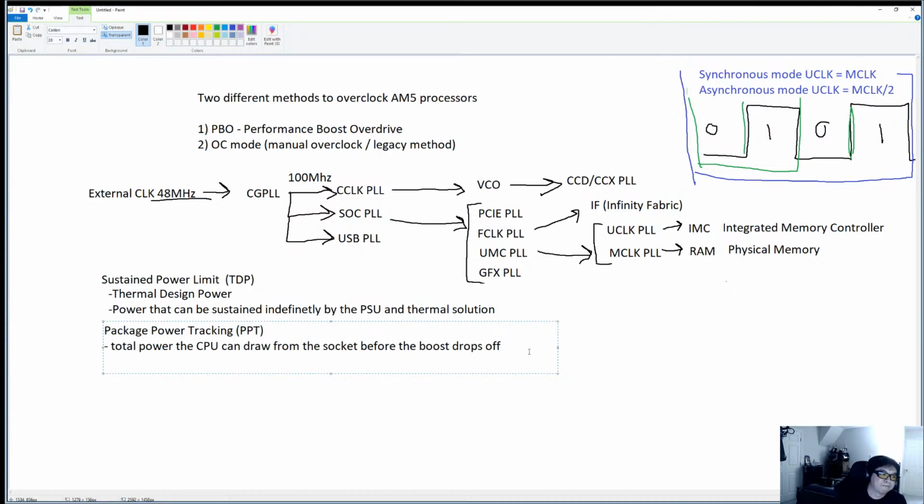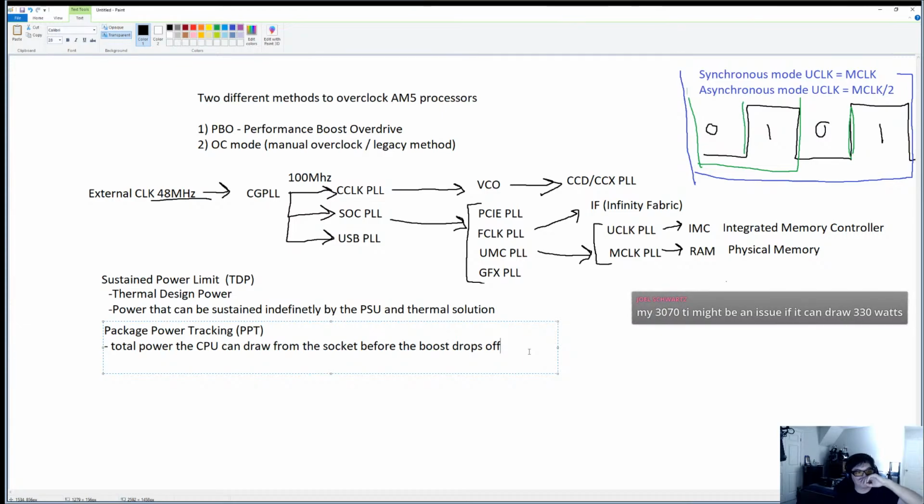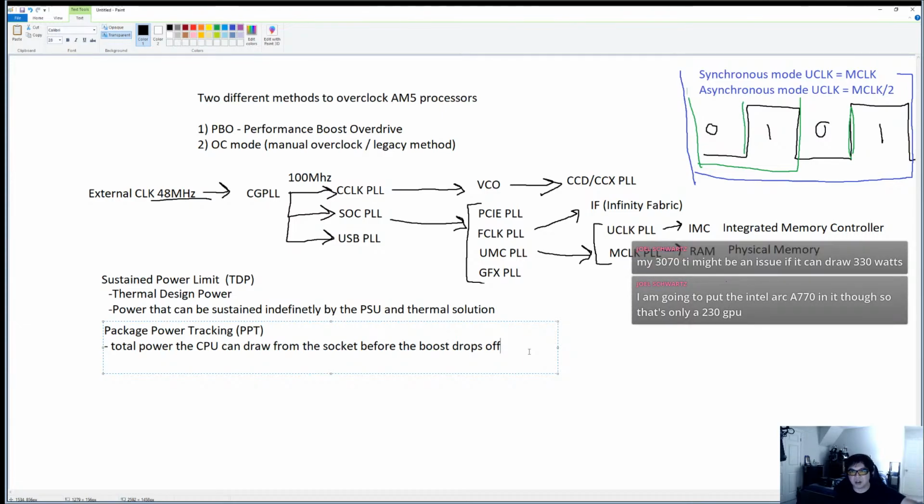PPT is not a clock speed, it's a power amount, so it's going to be in watts or milliwatts. It's the total amount of power the CPU can pull from the socket before the boost drops off.